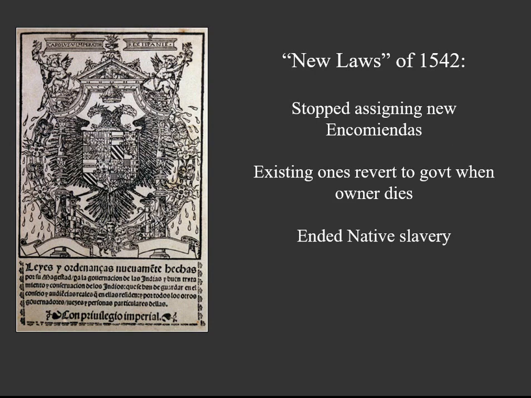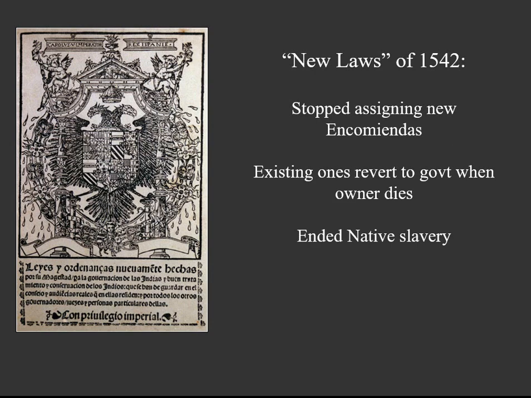For example, there's a revision of the laws a few years later that said that not just the existing encomendero would have to give up the land after death, and the government would take it over when the encomendero died. But there was a compromise that said the encomendero could leave their land to one generation of heirs.